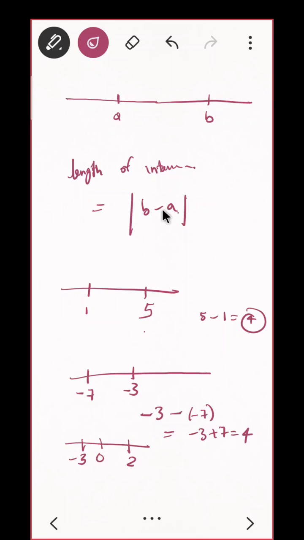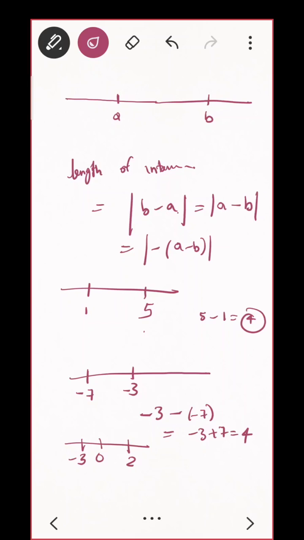Perfect, very nice. And you see this is the same as mod of a minus b by the property of mod. How can you say both are true? Because in this I can take minus common. If I take minus common, this will be minus of a minus b, and you already know mod of something is the same as this. Is that correct? So I will say the length is mod of a minus b or mod of b minus a. Is that okay?